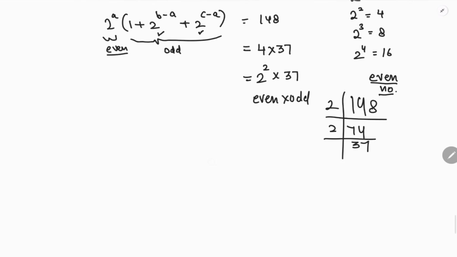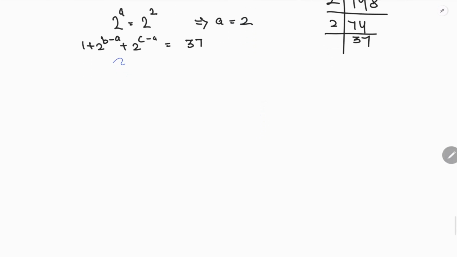Now if you compare left hand side and right hand side, what will you get? 2 raised to power a is equal to 2 raised to power 2, and this odd thing is equal to odd thing, that is 37, right? So here this implies a is 2, right?